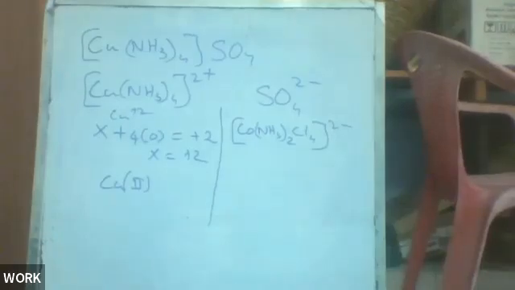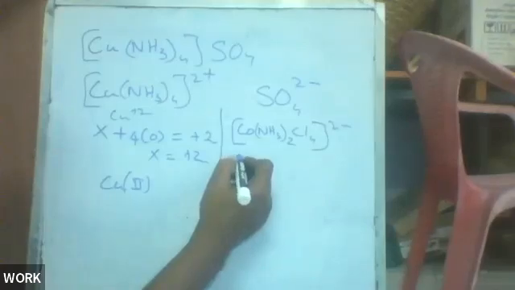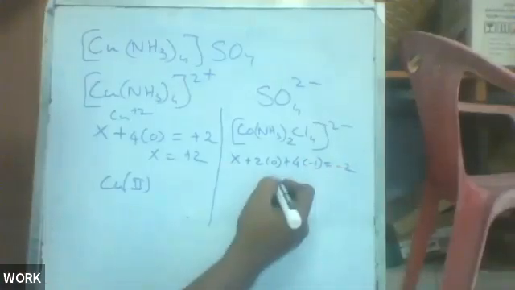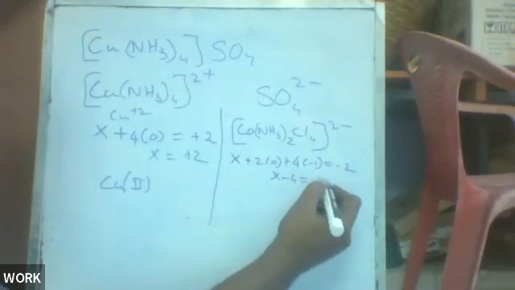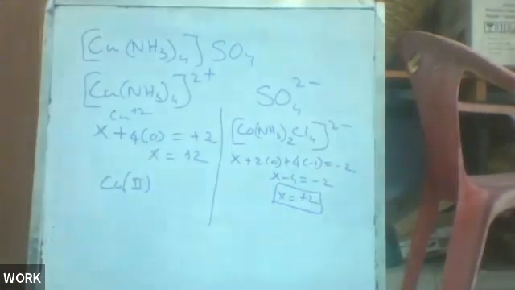Yeah, then how? Sir, NH3 is neutral. Okay. Cobalt is X plus 2 into 0 plus 4 into minus 1, which is equal to minus 2. So X minus 4 is equal to minus 2, X equals plus 2. Very good.